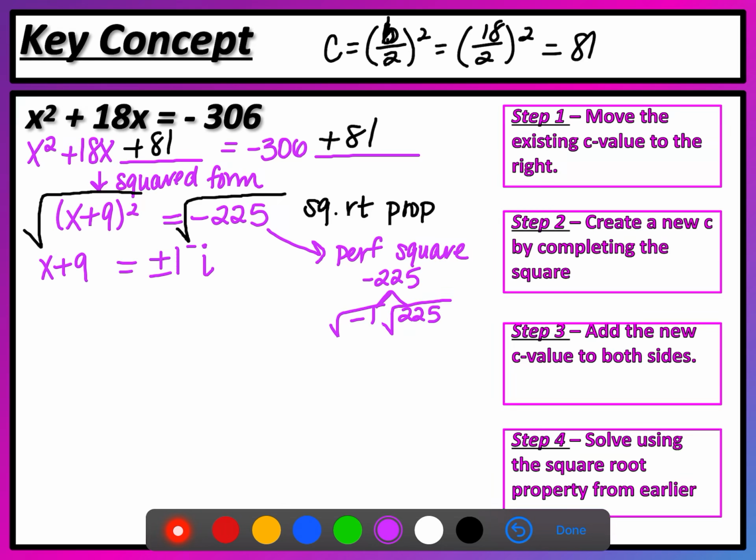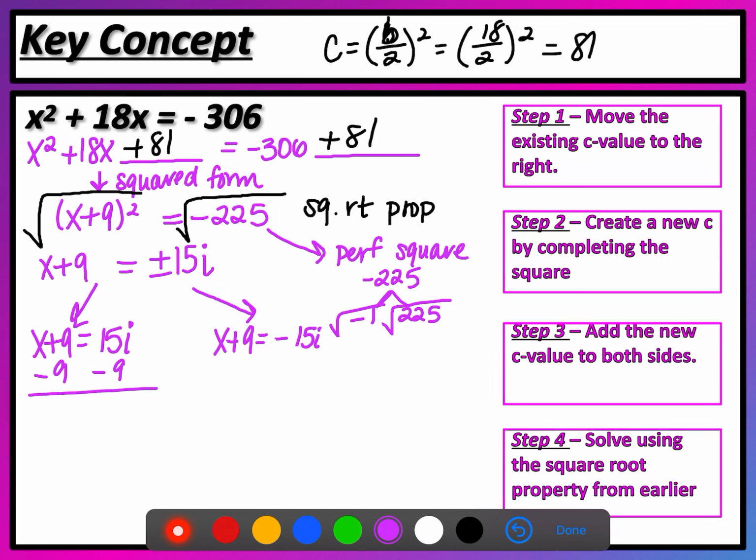We remember that. And the square root of 225 is 15. So that square root simplifies to be plus or minus 15i. So we do a positive 15i, and we do a negative 15i to solve these.